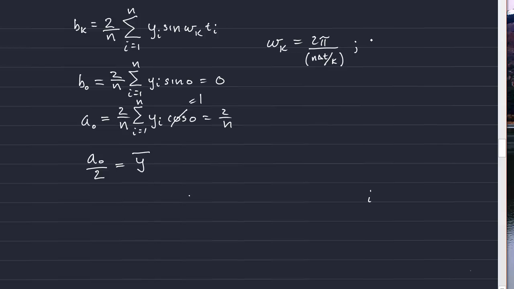Also, remember that the time of the ith record is equal to delta t times i, and therefore omega k ti is equal to 2 pi times i divided by n over k.